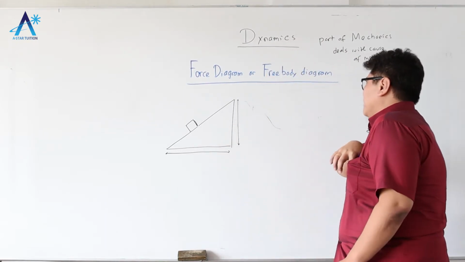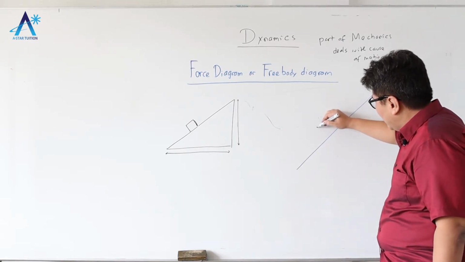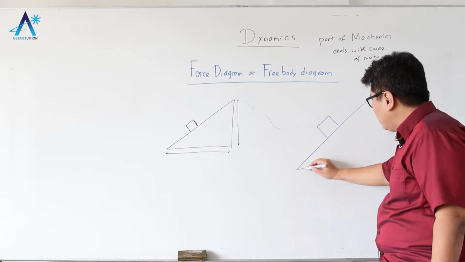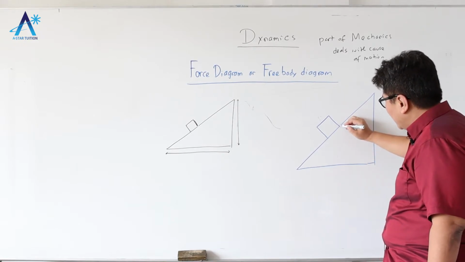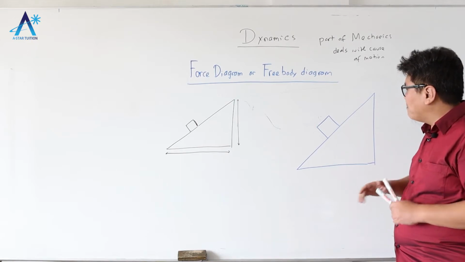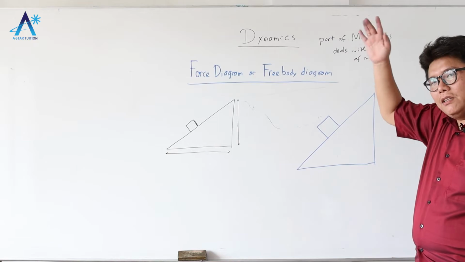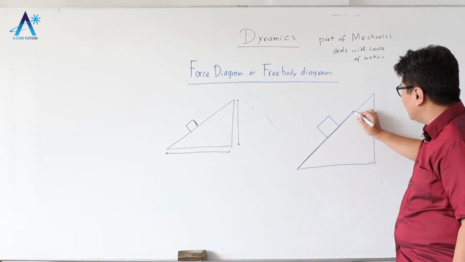However, in an inclined plane, there is an inherent advantage to deal with the problem by resolving the vectors in the axis that is parallel to the plane and perpendicular to the plane. So this is the axis that is parallel to the plane.